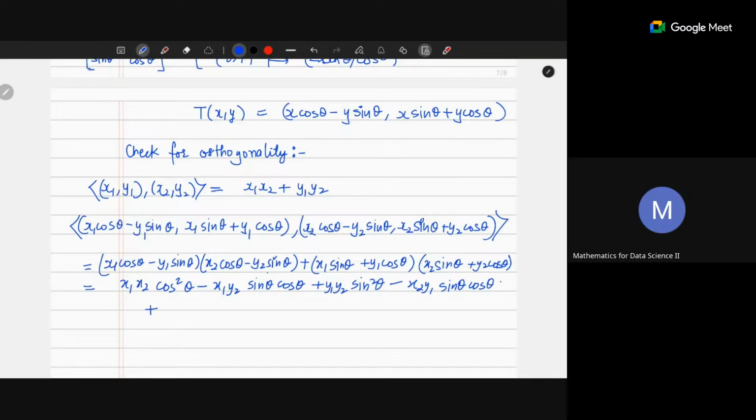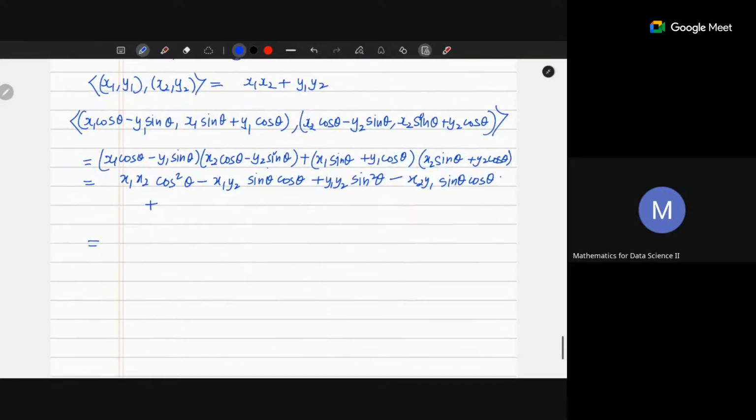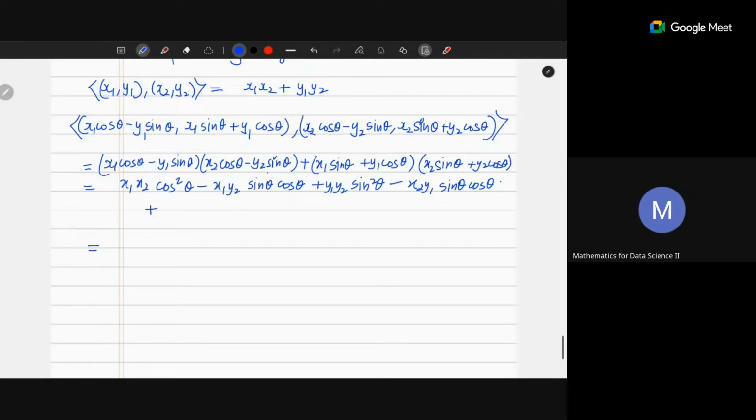And what about the second term? You can multiply that. In the end, you will see that some terms will cancel out. Let me write it down: x1 x2 sin square theta, plus x1 y2 sin theta cos theta, plus y1 x2 sin theta cos theta, plus y1 y2 cos square theta.